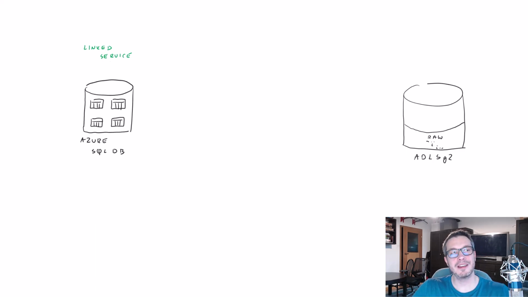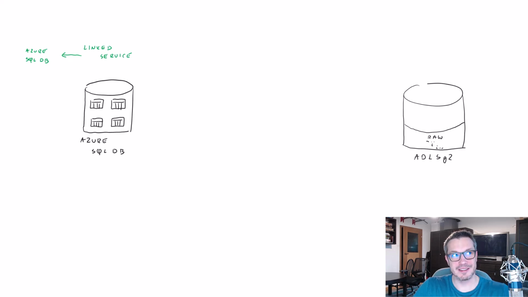Let's try to implement it in a way that we could use this linked service to connect to any Azure SQL database, not only to the one that we hard code. So let me draw it like this. That our linked service, it will just point to some Azure SQL database. And now, at the design time, when we are implementing the solution, we might not even know what database we want to connect to. We will know that at runtime, and that's possible. So that's the linked service that has to be created.